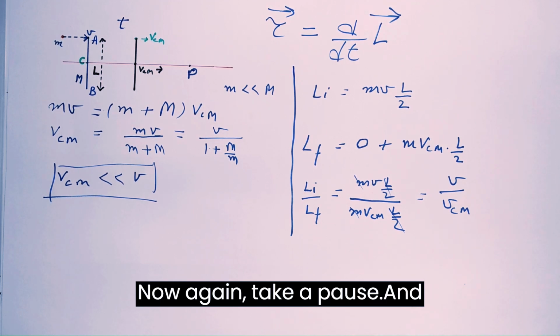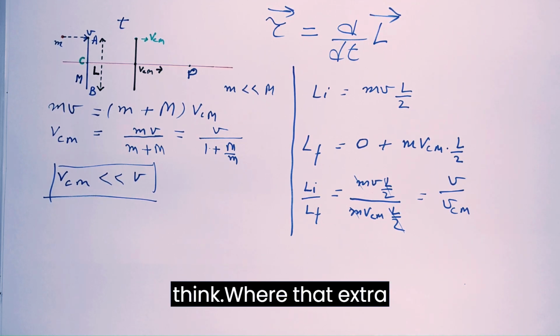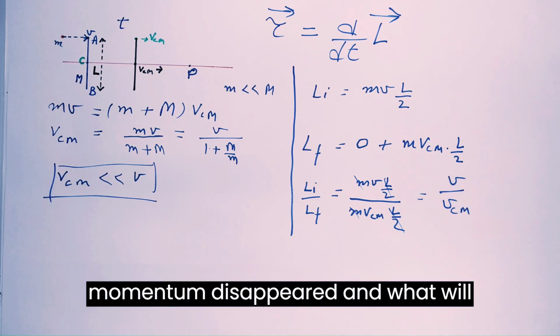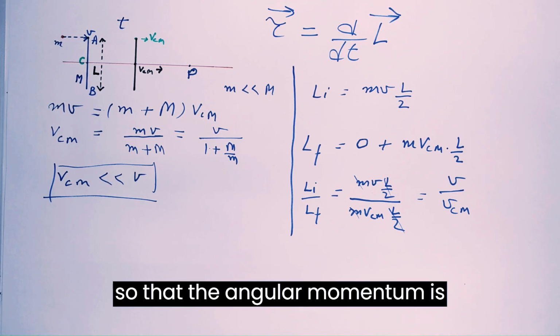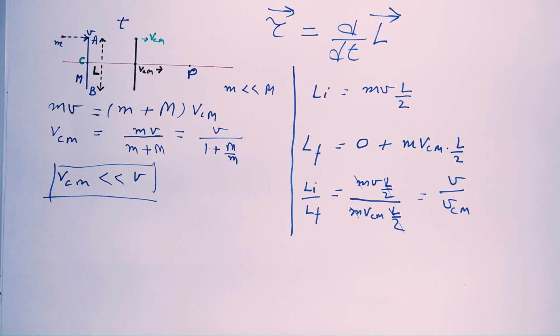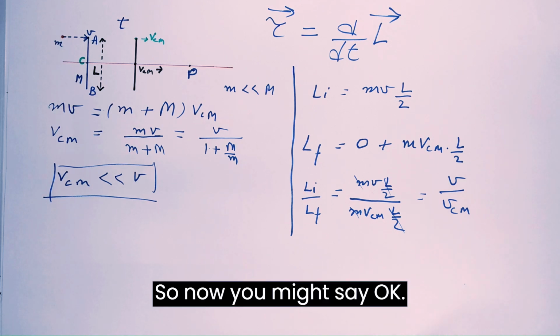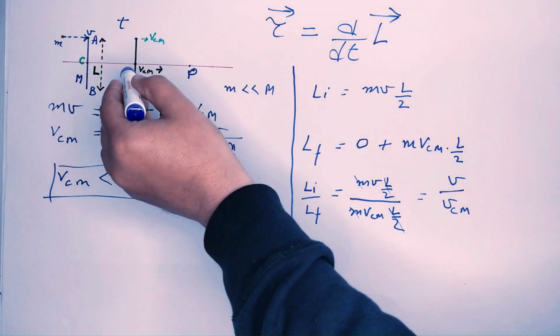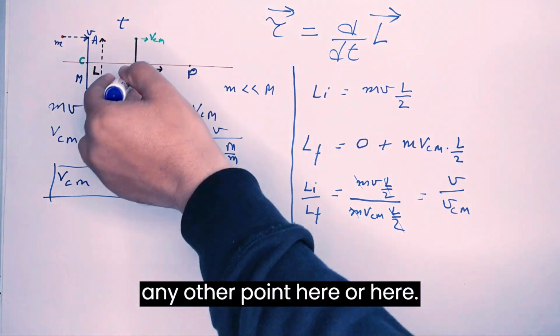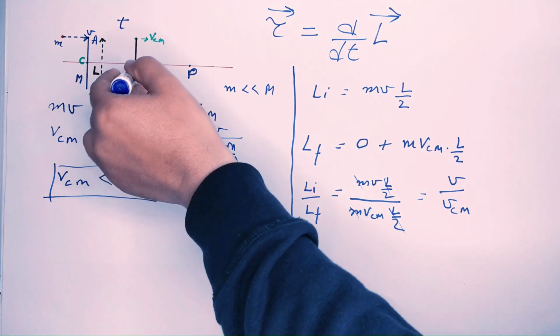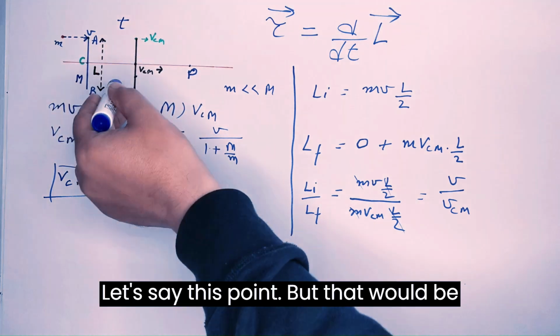Now again take a pause and think where that extra momentum disappeared and what will actually happen so that the angular momentum is conserved. Now you might say, okay, the rod will start rotating about any other point, let's say this point, but that would be incorrect.